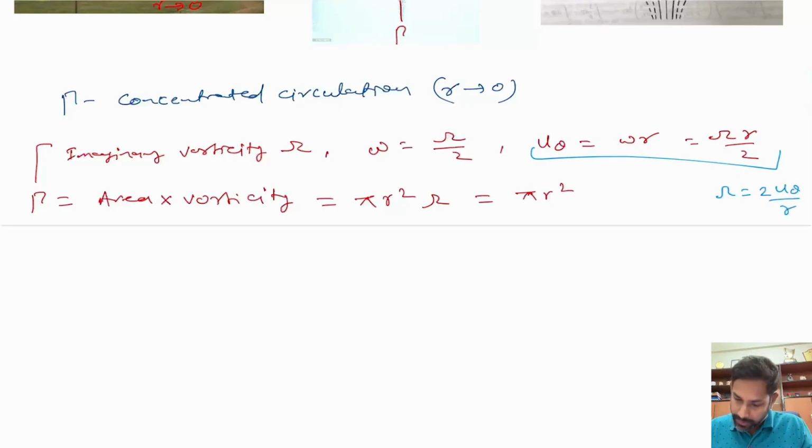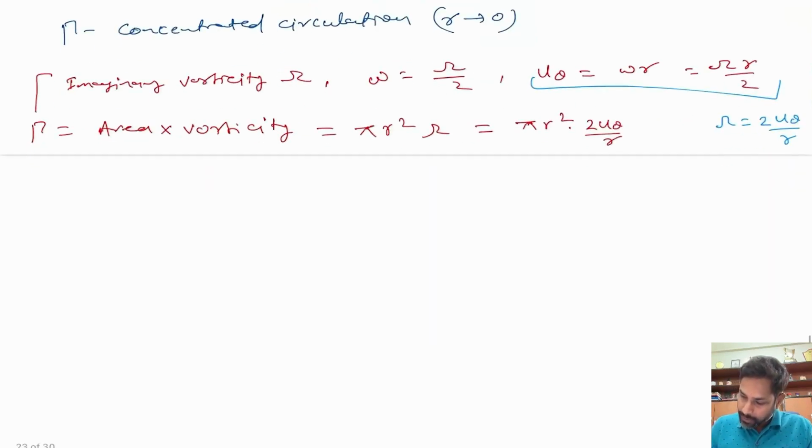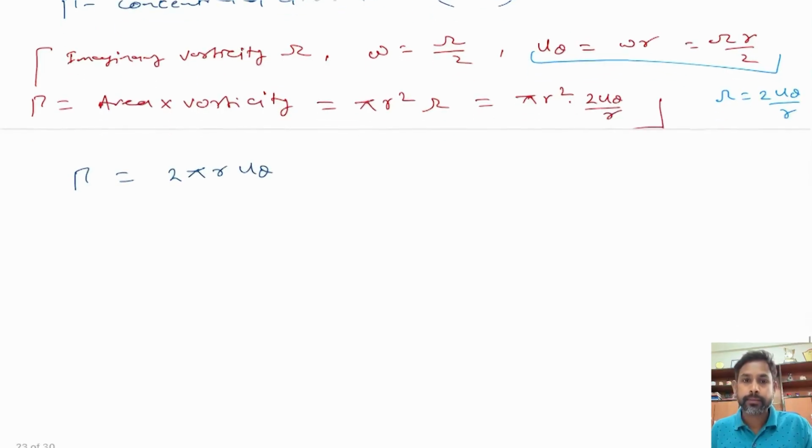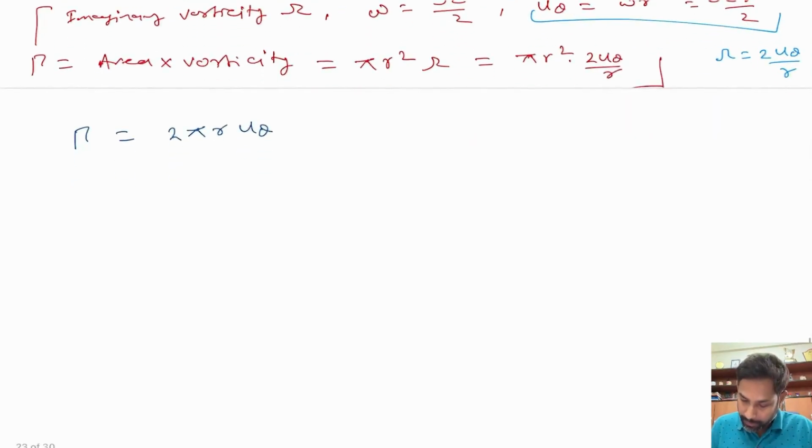That is what we get, and that is why in this equation we can simply substitute omega equal to 2 u theta over r. So our circulation is equal to 2 pi r u theta, which implies that u theta is equal to circulation over 2 pi r.